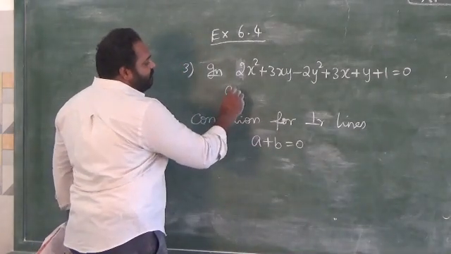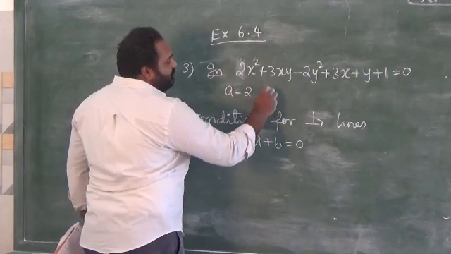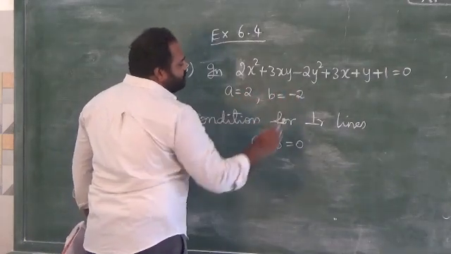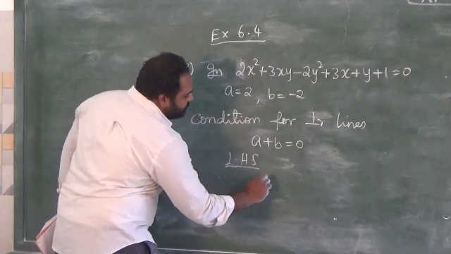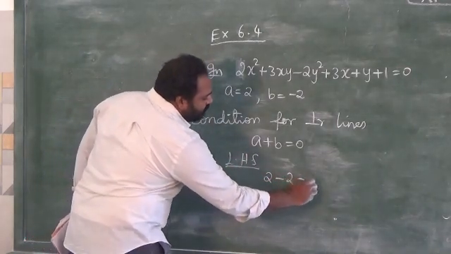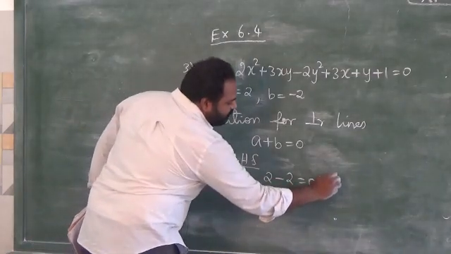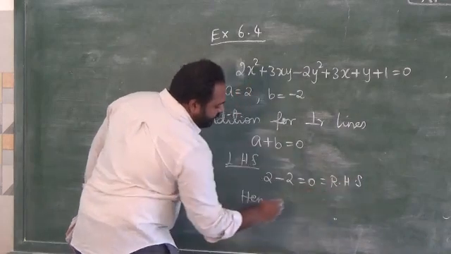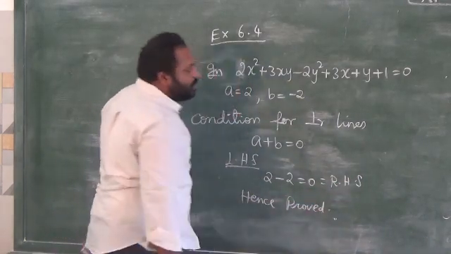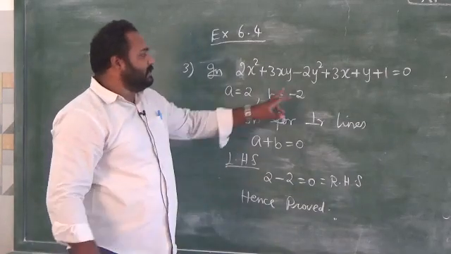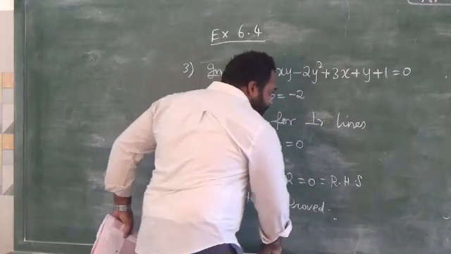I told you a is the coefficient of x square, which is 2. b is the coefficient of y square, which is minus 2. So now LHS: a is 2, b is minus 2, so a plus b equal to 0. Hence proved, LHS equal to RHS. So the given pair of straight lines is a pair of perpendicular lines. So the third question is over. Next, the fourth one.